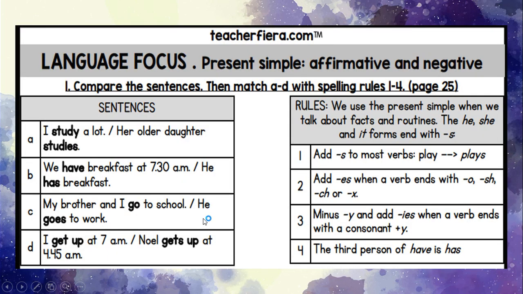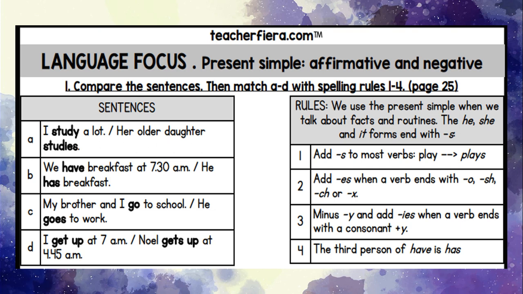Now, let's practice. Compare the sentences. Then, match A to D with spelling rules 1 to 4. A. I study a lot. Her older daughter studies.